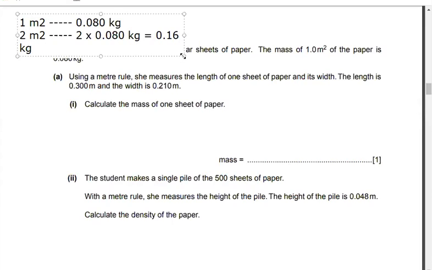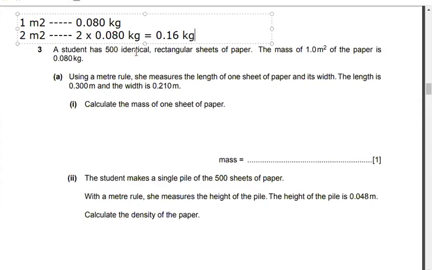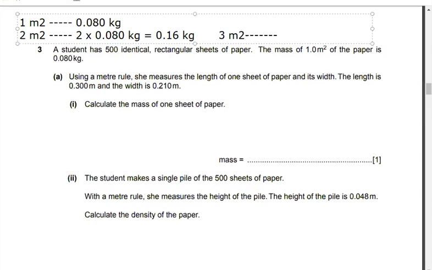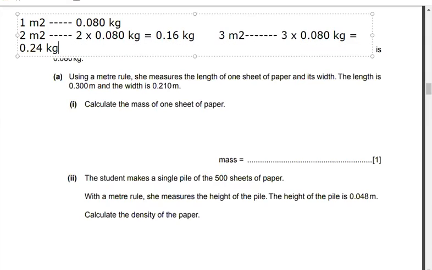Now let's consider it was 3 meter square. Its mass will be 3 into 0.080 kg, which is equal to 0.24 kg. Understood?